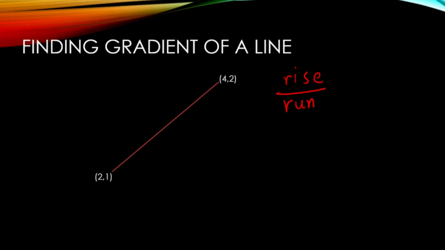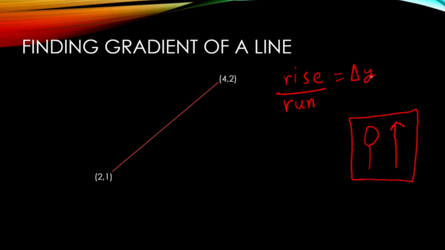So to discuss rise, you can imagine a balloon, for example, like this. What does the balloon do? The balloon moves upward. It rises upwards. So what rise means is movement in the y direction, or basically the change in y.